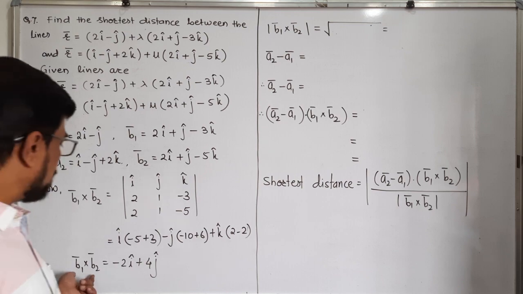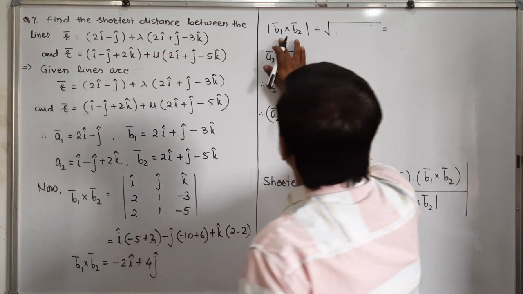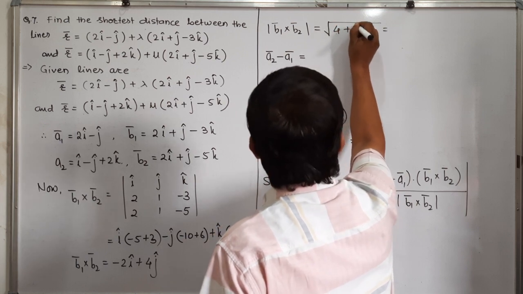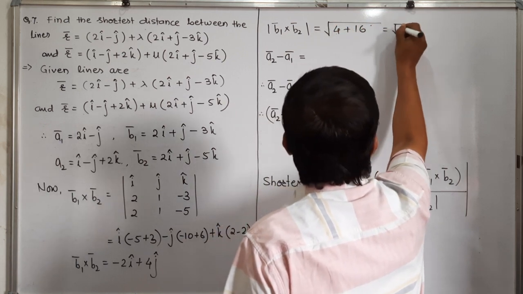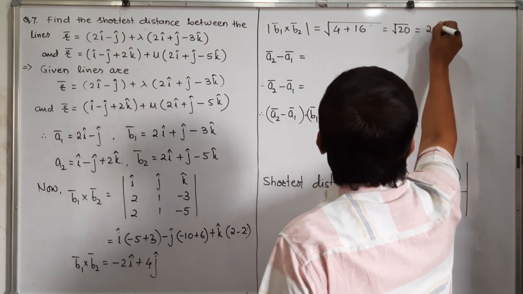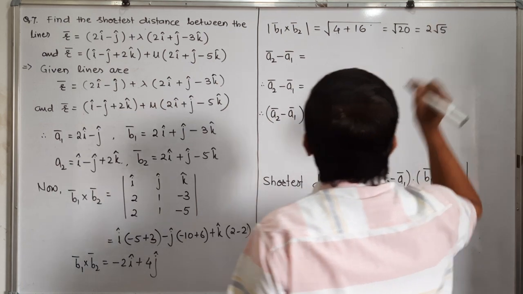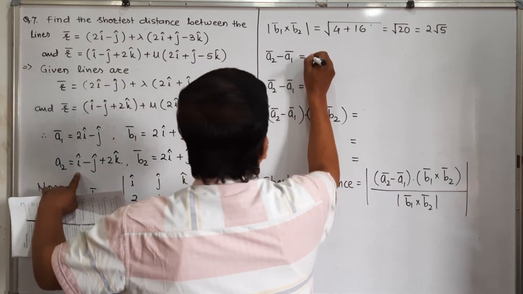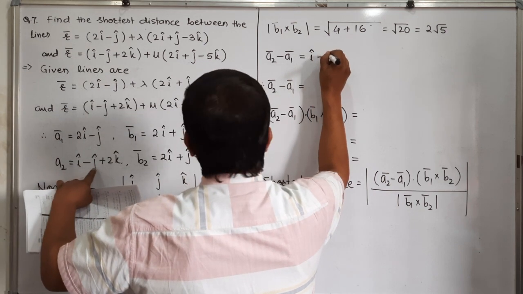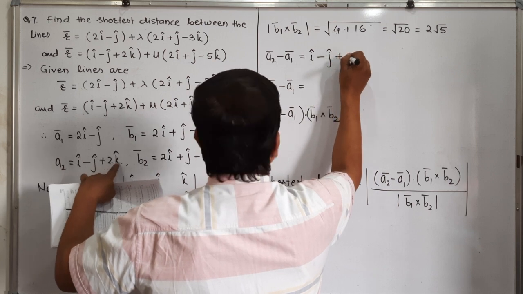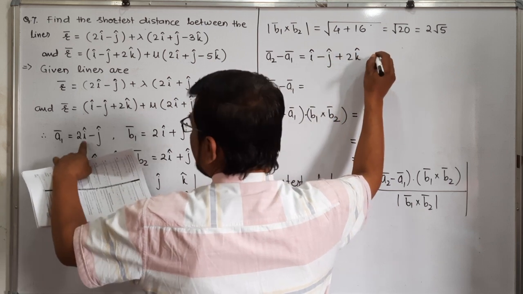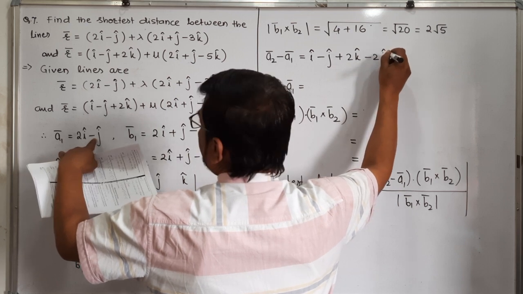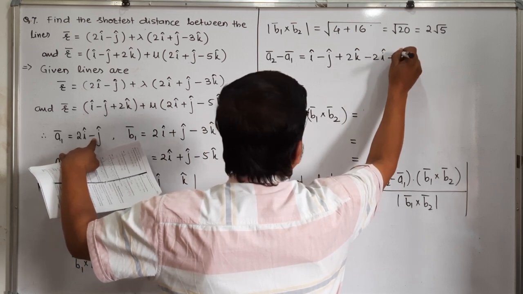This is b1 cross b2. Therefore magnitude of b1 cross b2 is under root of 4 plus 16, that is under root of 20, that is 2 root 5. Now a2 minus a1. a2 is i cap minus j cap plus 2k cap, minus a1 is minus 2i cap plus j cap.